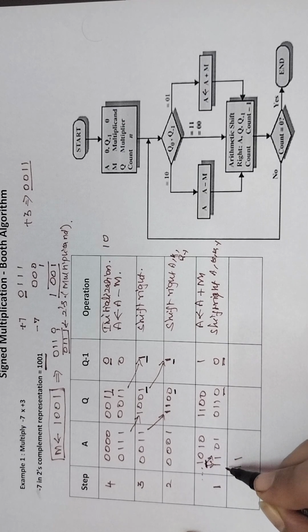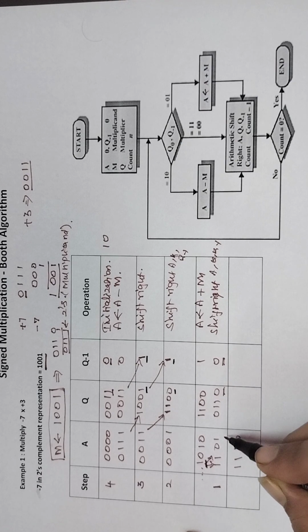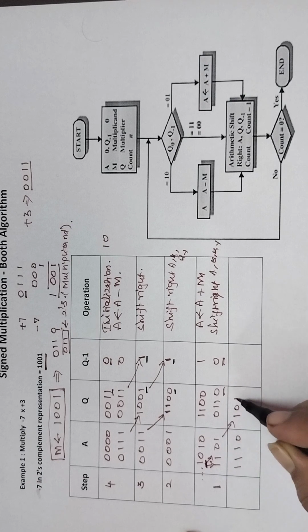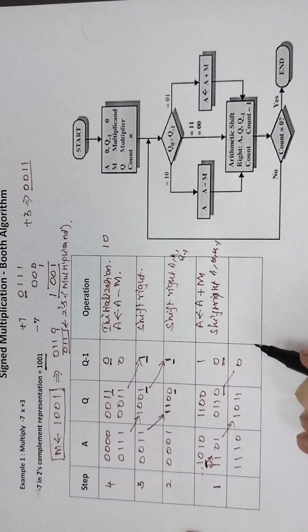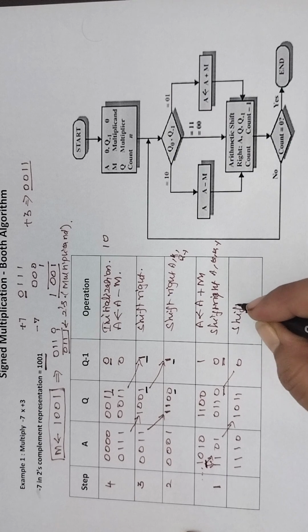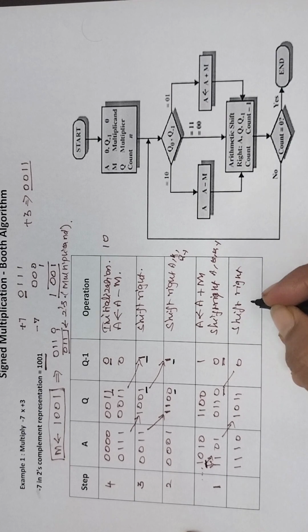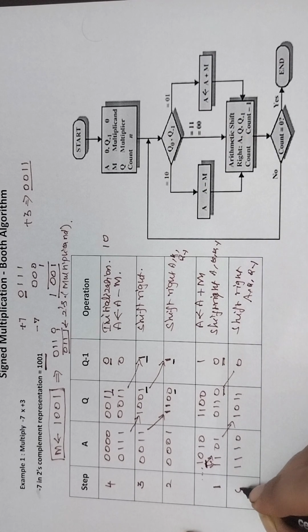Similarly, when doing the sign bit extension, 1 1 1 0, this one will be coming here. This will be 1011 and this 0 will be here. So arithmetic shift right of A, Q and Q minus 1. Now the count is decremented to 0.